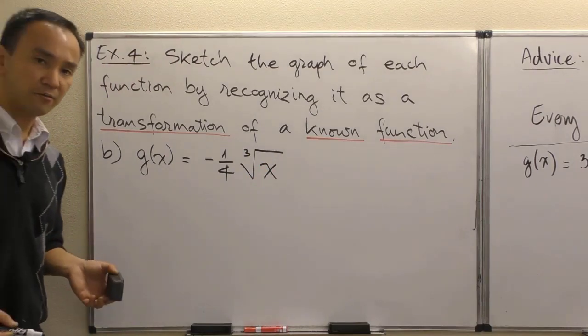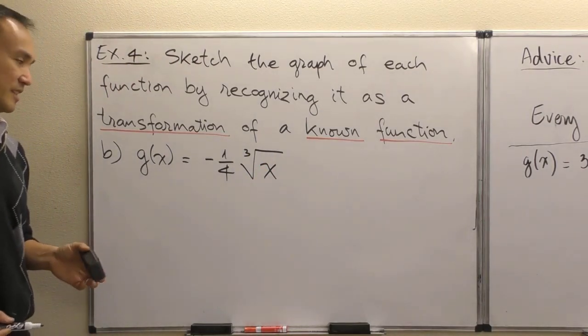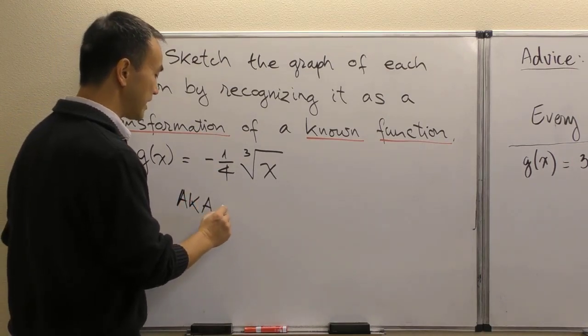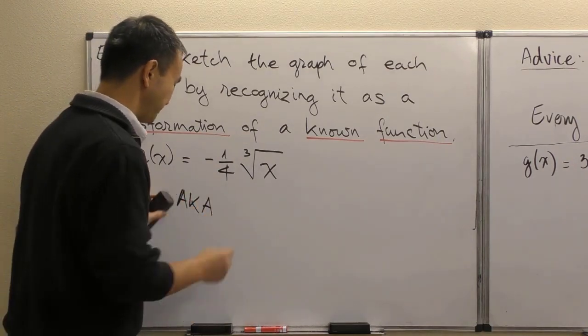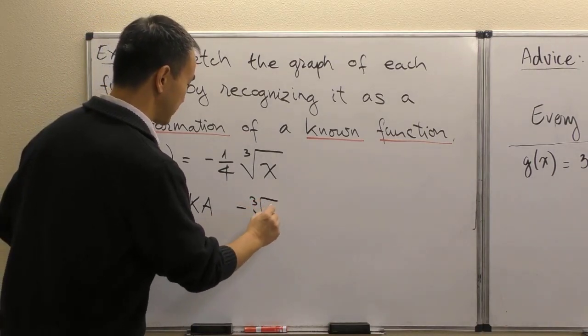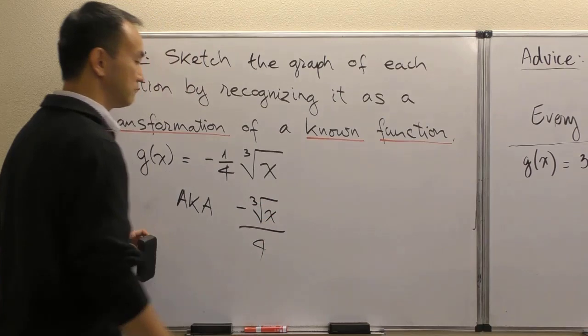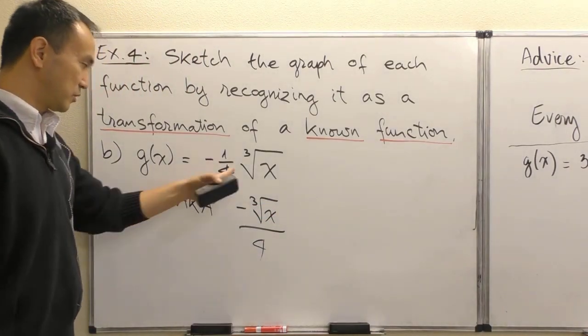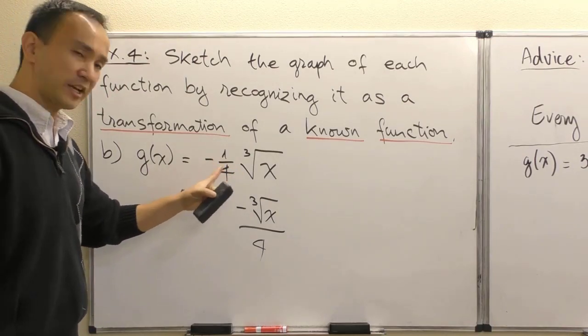Okay, so negative 1/4 times cube root of x. So this function is also written as negative cube root of x over 4. Some different expressions of that, but same function. So we'll stay with this so that we can clearly recognize.